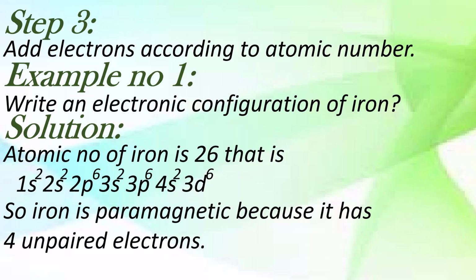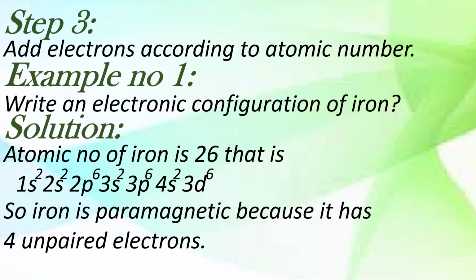I have discussed in the previous slide that s orbital can hold 2 electrons. So 1s2, 2s2, p orbital can hold 6 electrons, 2p6, 3s2, s orbital can hold 2 electrons, 3p6, p orbital can hold 6 electrons, 4s2, s orbital can hold 2 electrons.